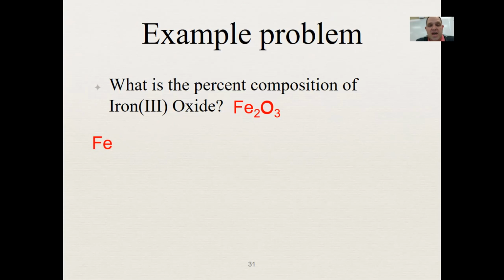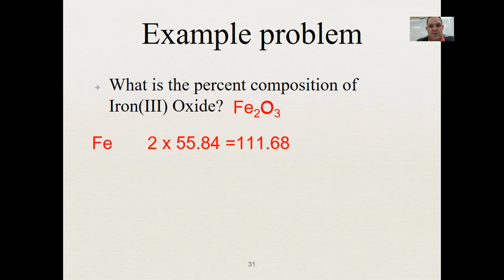So we're going to take that iron times its molar mass, which we find on our periodic table, and times that by 2. So 2 times 55.84 is 111.68. That's how much just the iron in iron 3 oxide is.